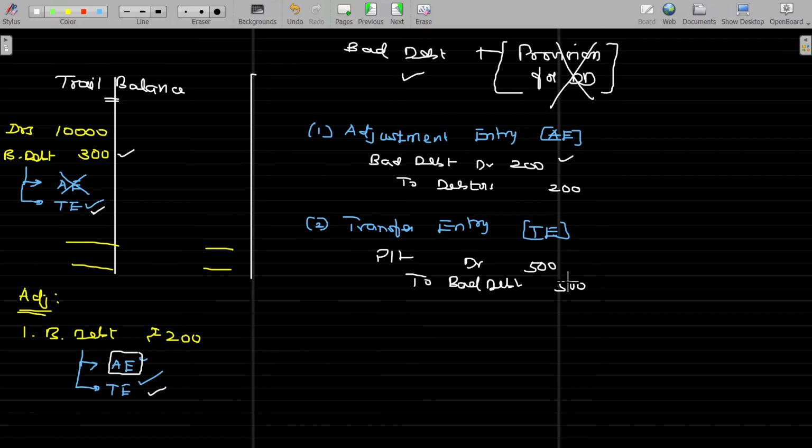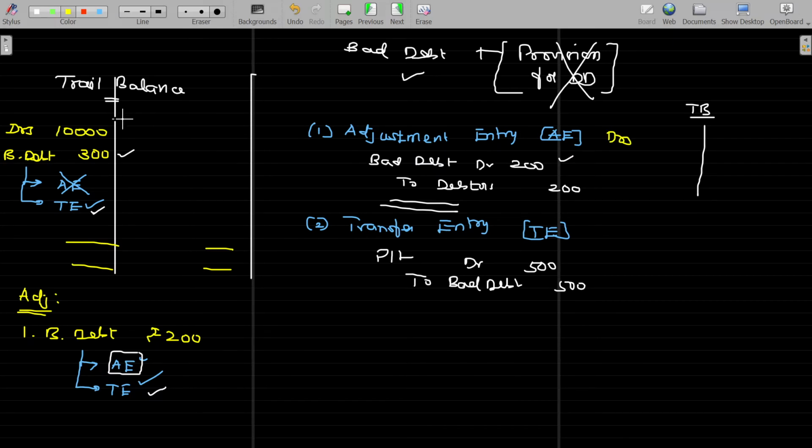It is the combined entry for transferring the bad debt given in the trial balance to the P&L account, as well as the bad debt we just found out from the adjustments. Forget about the transfer entry. If I prepare the trial balance immediately after the adjustment entry, how would the new trial balance look?